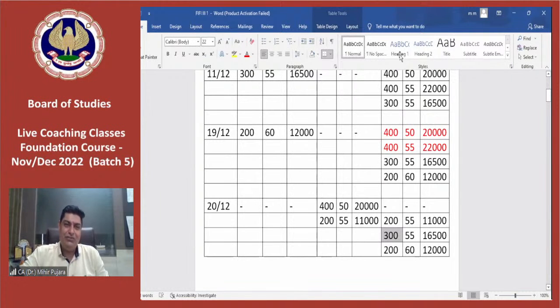If I want to issue 600, I will first use the first 400. So the 400 at 50 are used completely, and from the 400 at 55, 200 are used, because I need 600. So when I write the closing stock, first the 450 lot is completely issued, and from the 400 at 55, I have issued 200. So remaining 200 is in stock and the last two lots I have never used. So the same will continue in my closing stock.